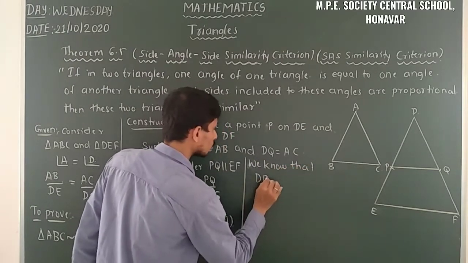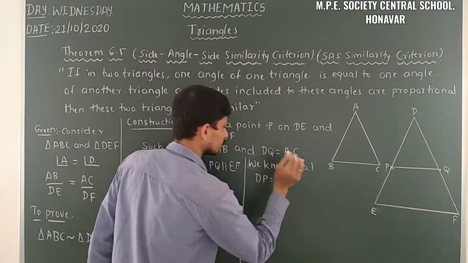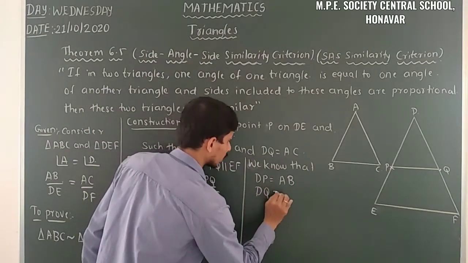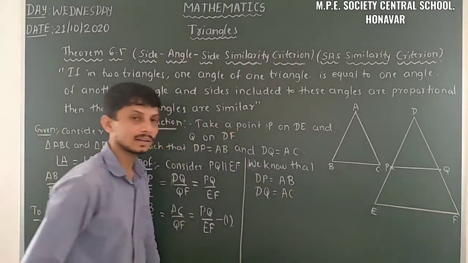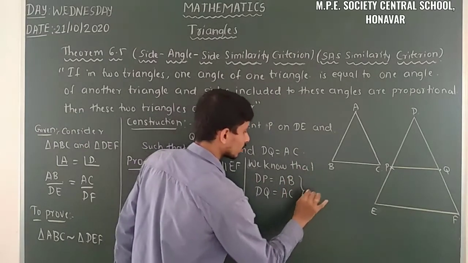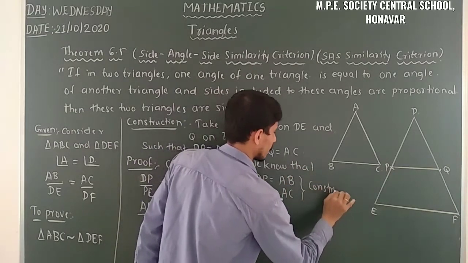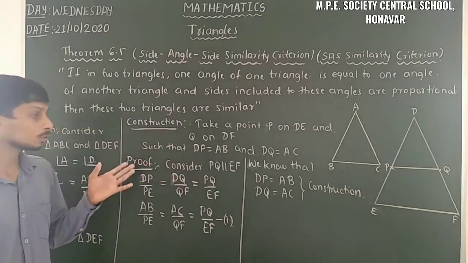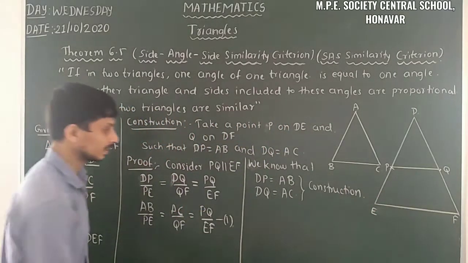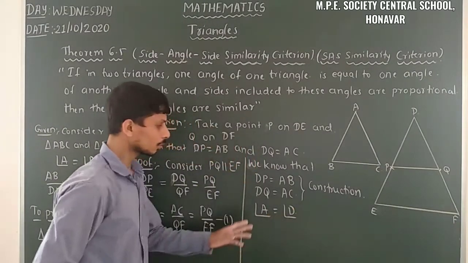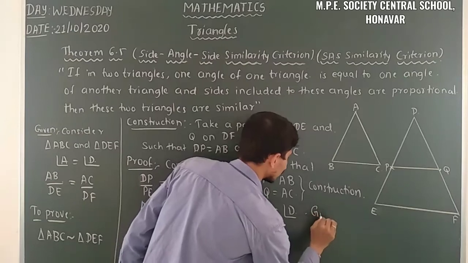These two are from the construction. Then we also know that angle A is equal to angle D, which is given.